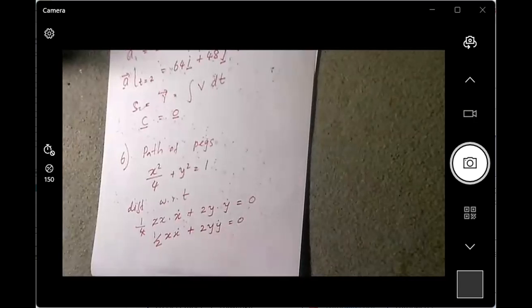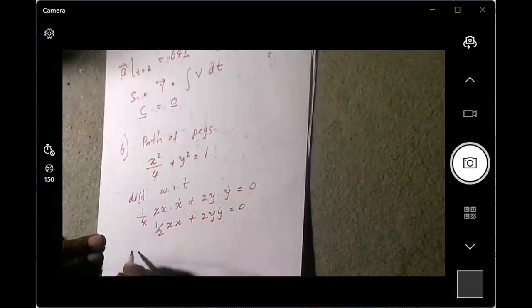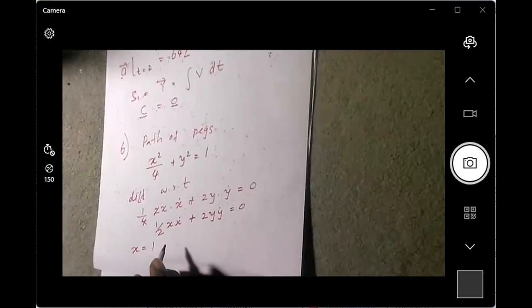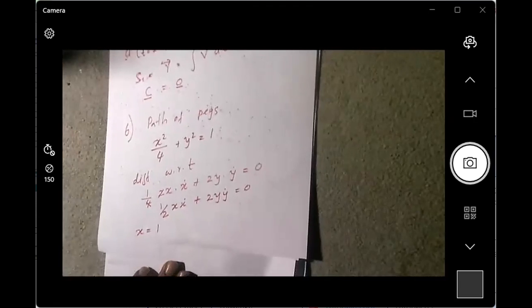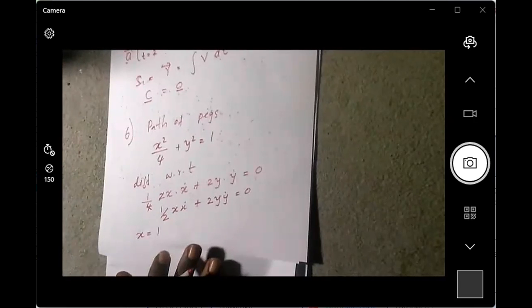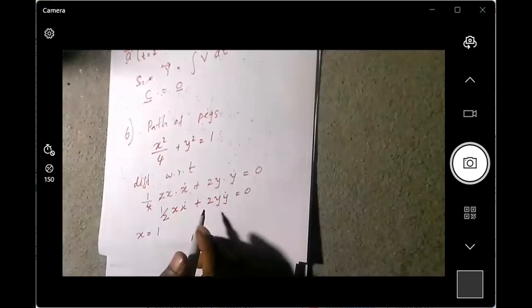We need one particular moment, magnitude of velocity at x equals 1. So we have x equal 1 as our interesting point. So if x equals 1, from here we can find the value of y.